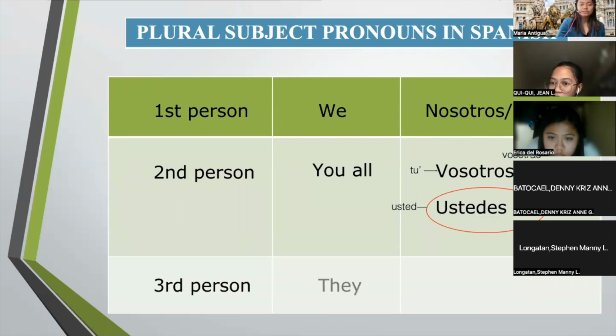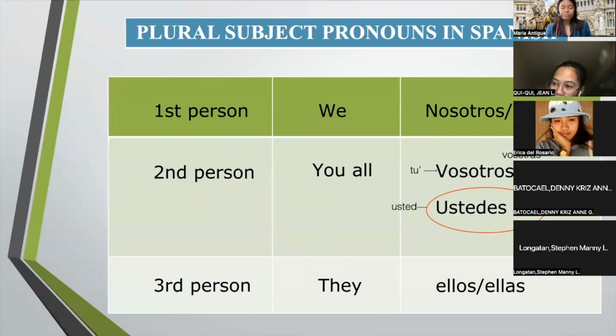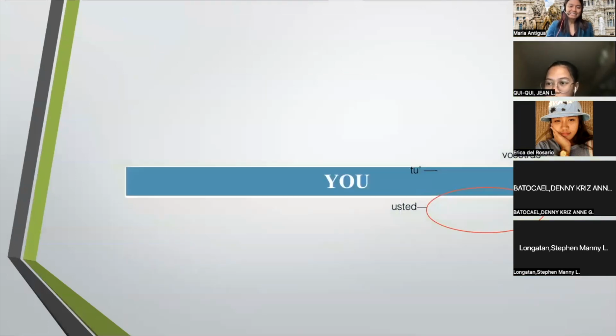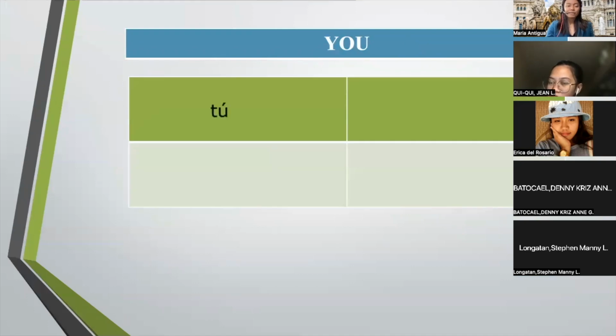Third person, they. You are going to use ellos or ellas. Ellos or ellas. Same principle. Kung group of male, ellos. Group of female, ellas. Now, just a recall, katulad nga ng sinabi ko, I already wrote it there a while ago.